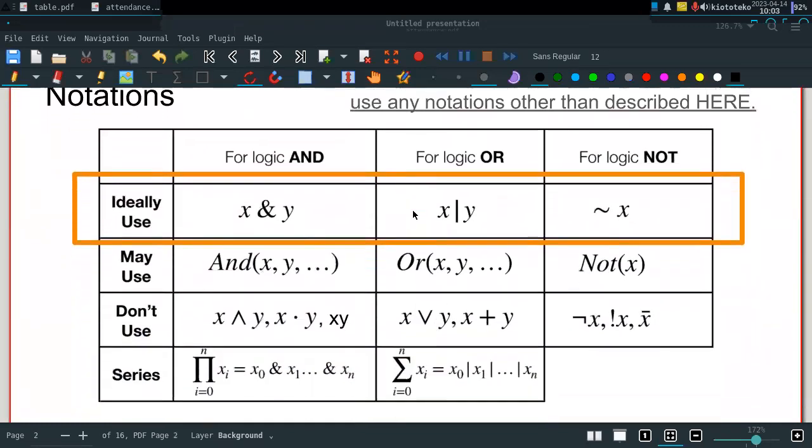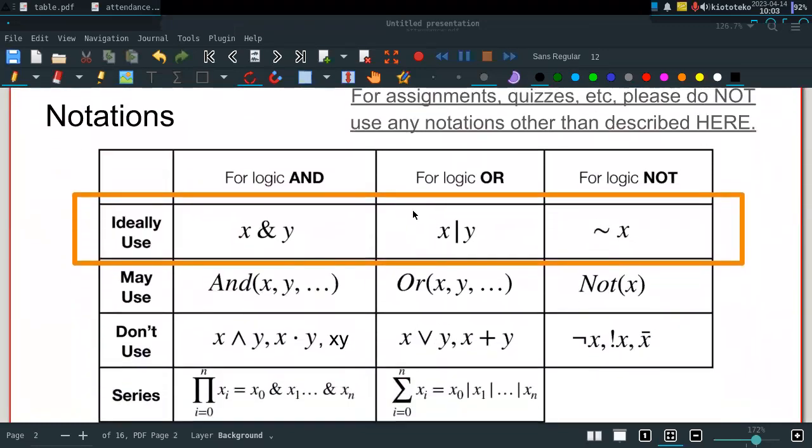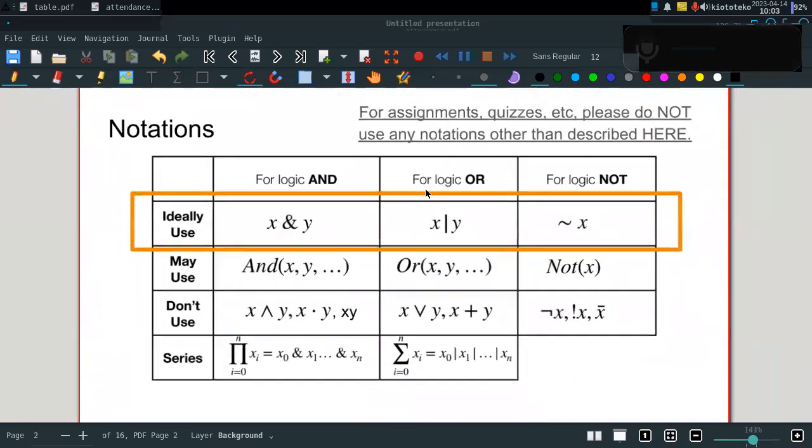So with respect to notation, there are many ways of expressing Boolean logic. Again, we have our three fundamental logic functions, our basic logical functions.